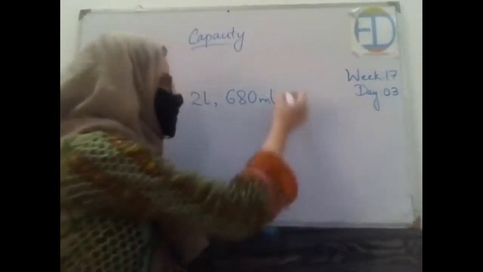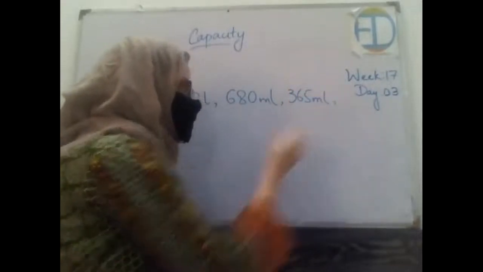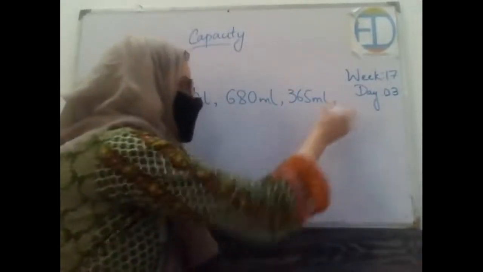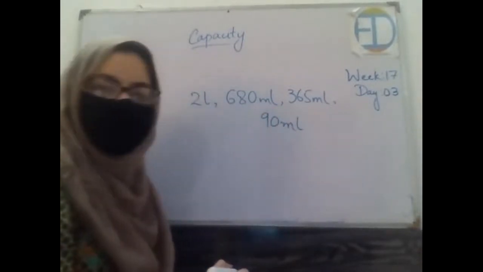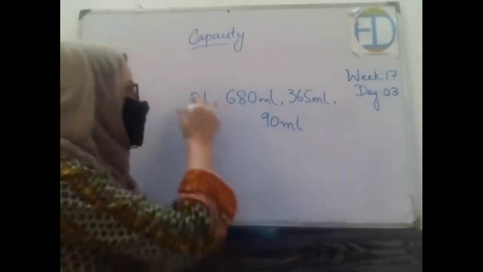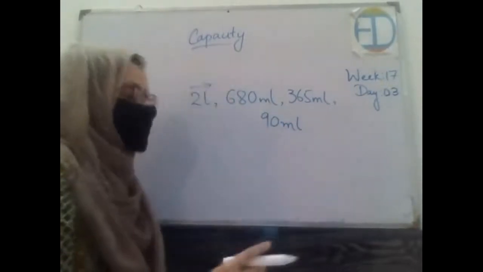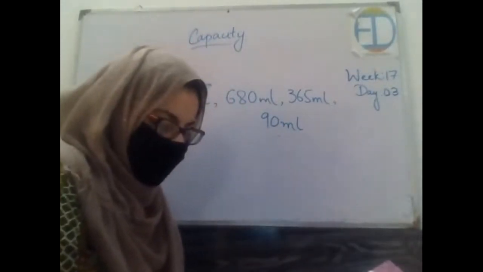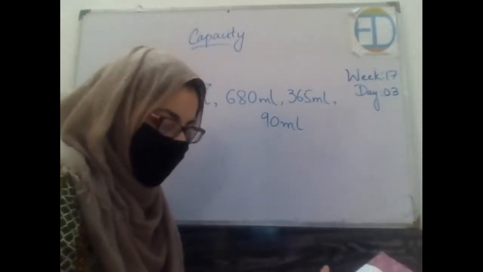Then we have 365 milliliter. And finally, we have 90 milliliter, right? So we will arrange it in this order from the biggest to the smallest, okay? We are already done with the second question. Let's move toward the third one.